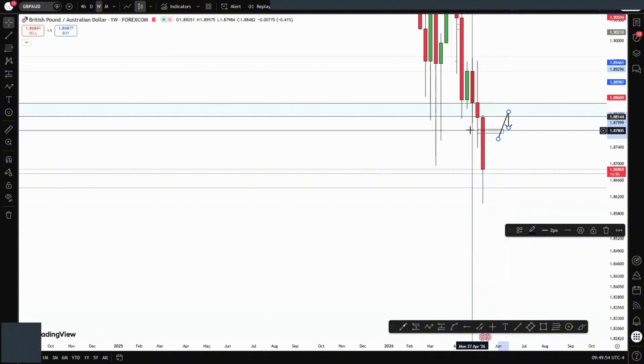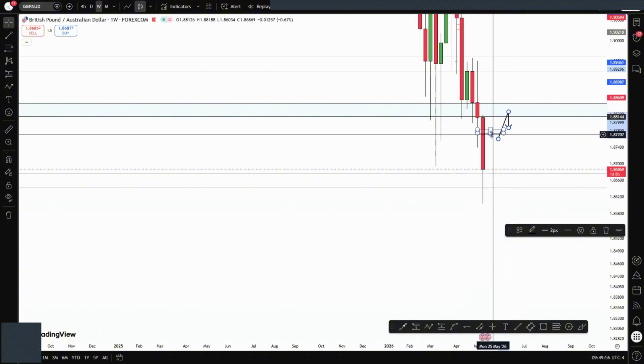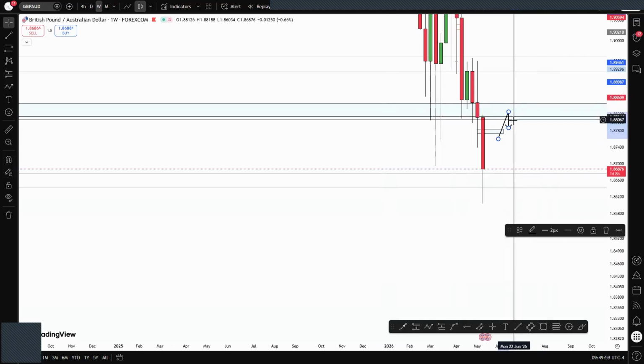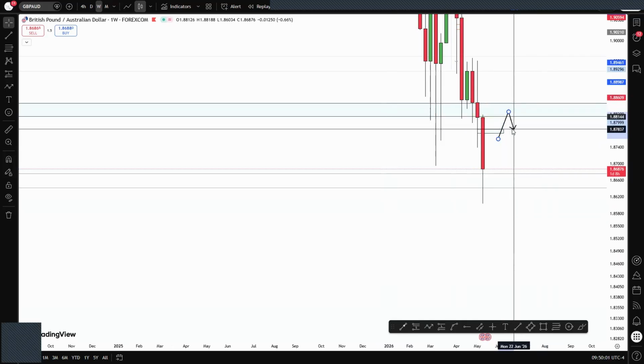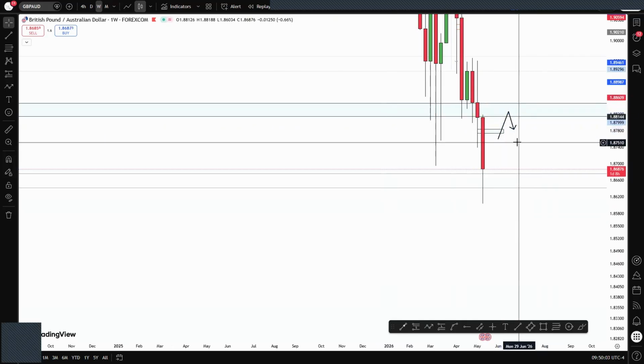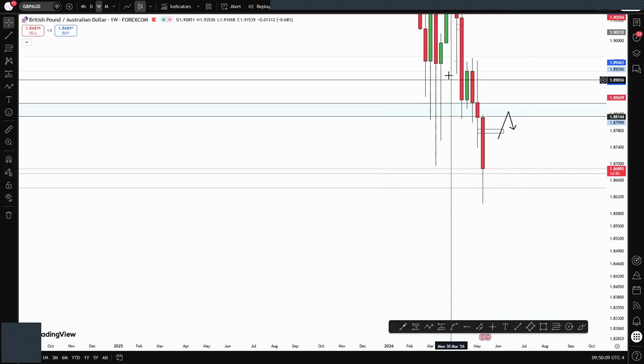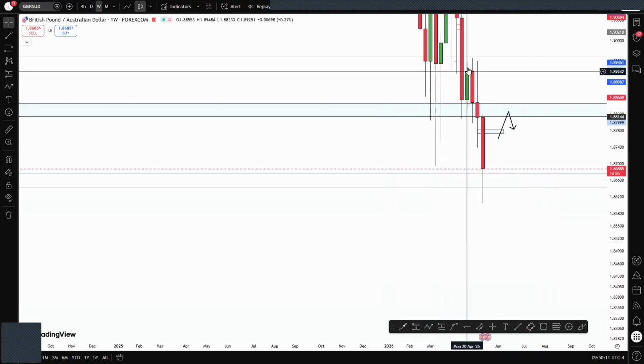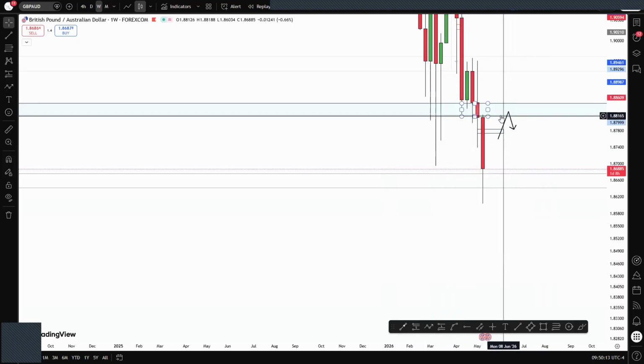So it might give me a trade here, but if I had a cleaner trade, I might not take this trade at all and I'll be fine, because it's not the right trade. You can look at the difference between this retest at this point and the retest at this point.